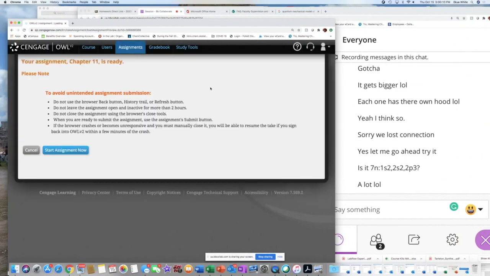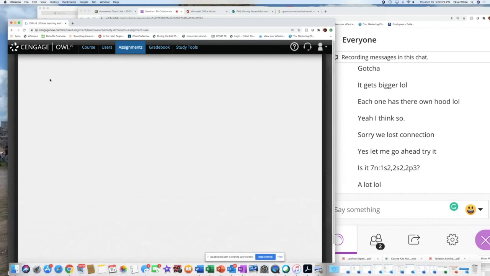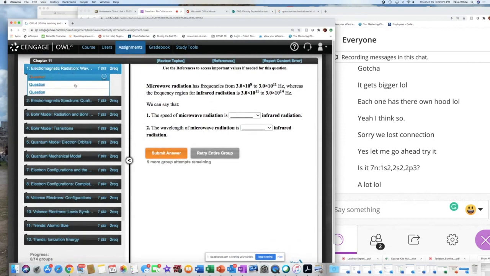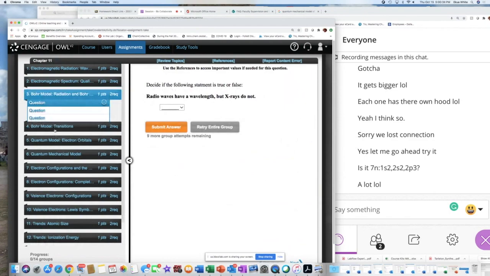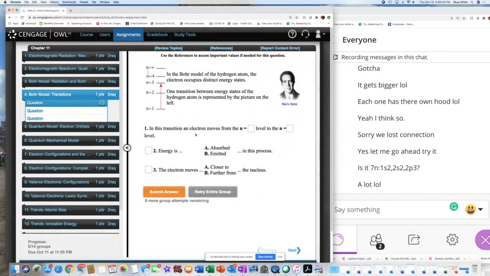I'll view it as a student. This is stuff that I didn't really cover in detail today. We can look at this one, because we discussed this today.